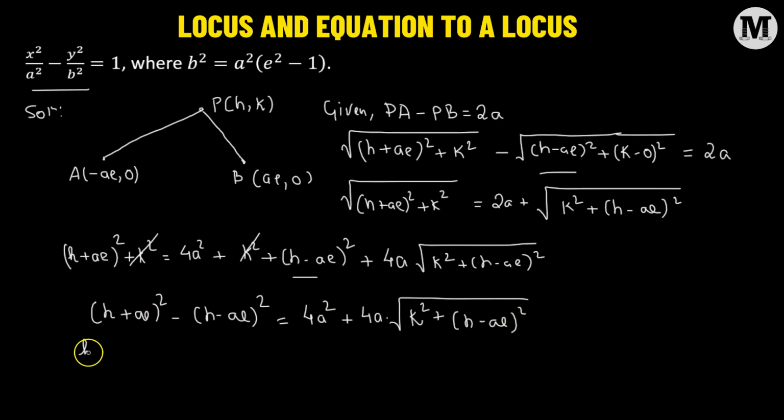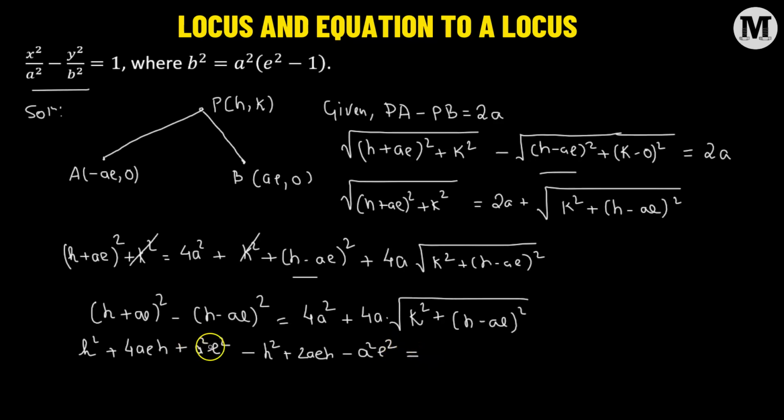So let's square it. We get h squared plus 2aeh plus a squared e squared. Then we're going to square (h minus ae) and also subtract it from the expansion of (h plus ae) whole squared. So we're going to get negative h squared plus 2aeh minus a squared e squared.